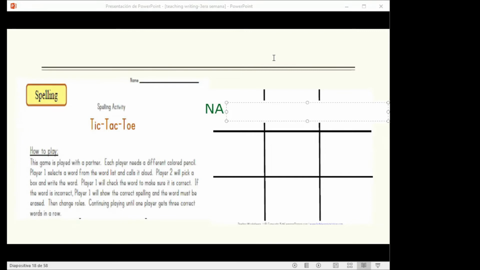Naughty is not written in that way, naughty is written in this way. So the other person loses his turn, and the other person starts. Notice, you're practicing the spelling playing a game, the famous tic-tac-toe.